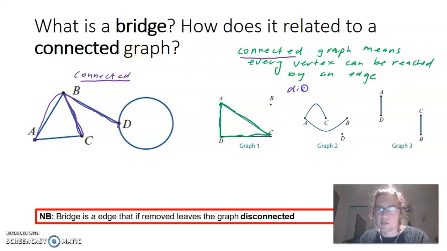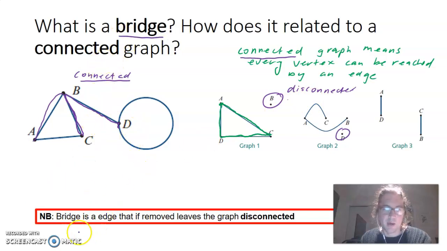These are disconnected because they have vertices which are out by themselves. You can't get to them when you're going on a walk. Okay, so connected, disconnected. The last thing to learn about is a bridge. So what is a bridge? A bridge basically is an edge that, if removed, leaves the graph disconnected.